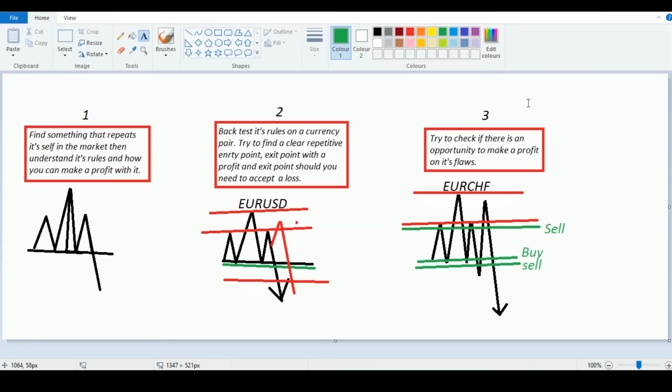But if you would like to go over and above and learn about harmonic patterns and all that stuff, you're more than welcome to. But first, spend time focusing on these patterns and executing these patterns and studying these patterns on different currency pairs.